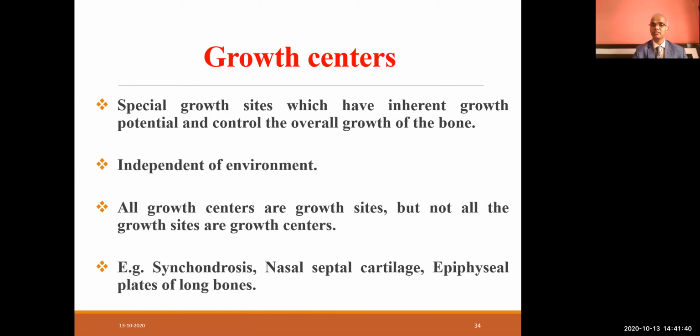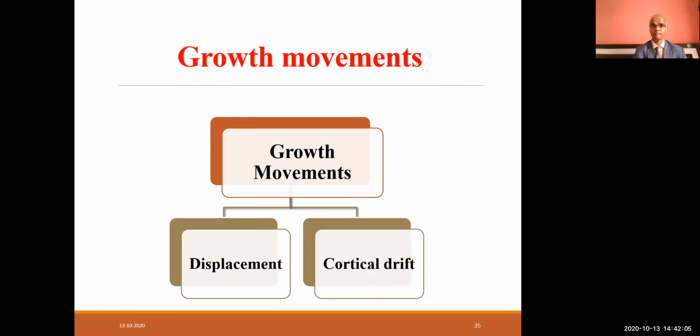All growth centers are growth sites, but not all growth sites are growth centers. This is the major difference. Examples of growth centers are synchondrosis, nasal septal cartilage, and epiphyseal plates of long bones.